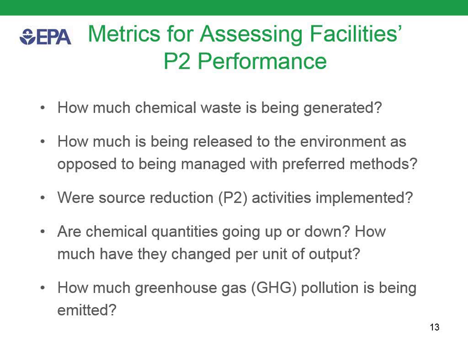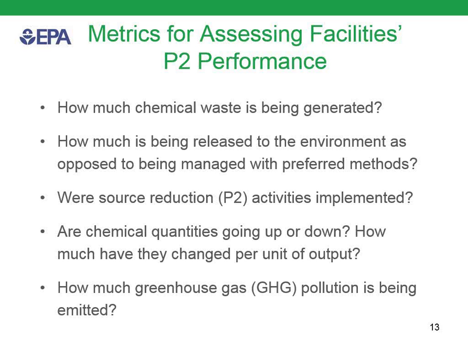Yes, no. Obviously, all things being equal, yes is better. And are chemical quantities going up or down over time? Maybe releases are still high, but if they're going down, that shows a facility has progress. And if you see that a facility's quantities are going down, then that's someone you might want to hold up as a model for others to emulate.